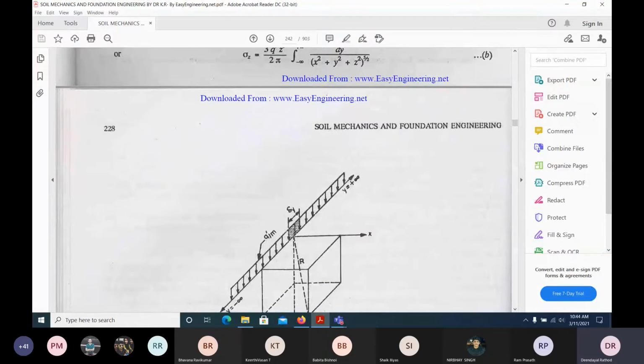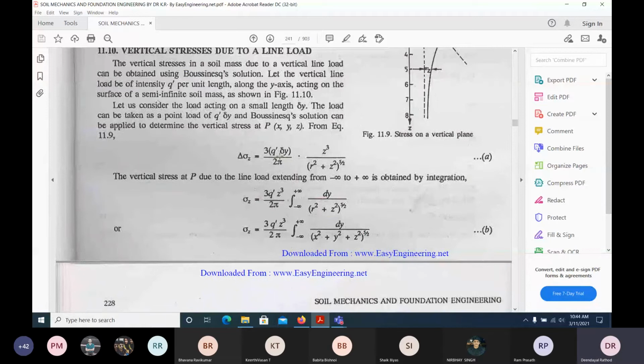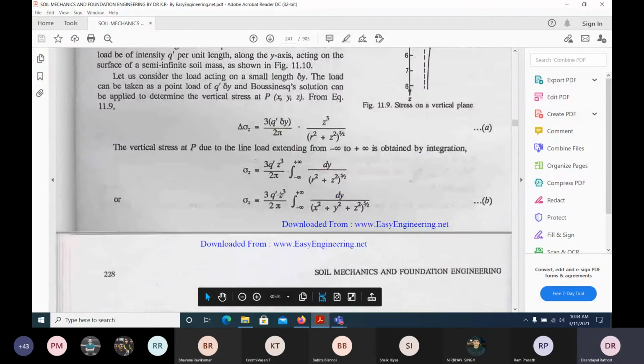The small area and the intensity, if you multiply them, will give the load. So if you substitute the same thing here, and I want to find the whole line, suppose the line is passing from minus infinity to plus infinity, then you integrate from minus infinity to plus infinity.